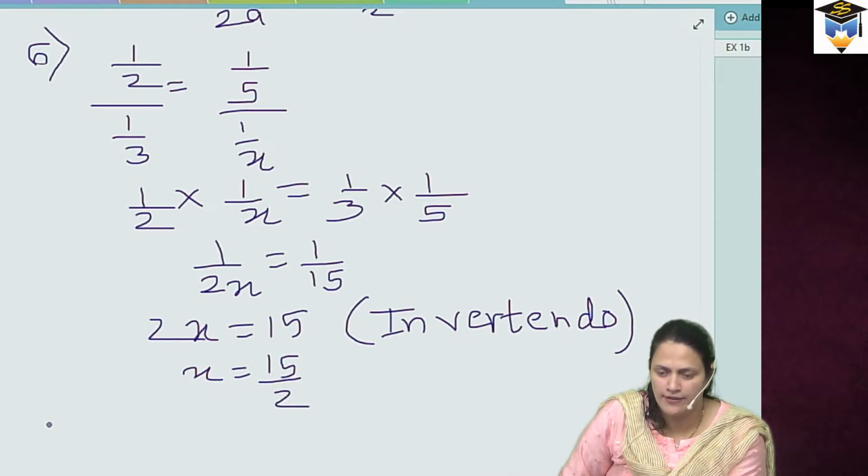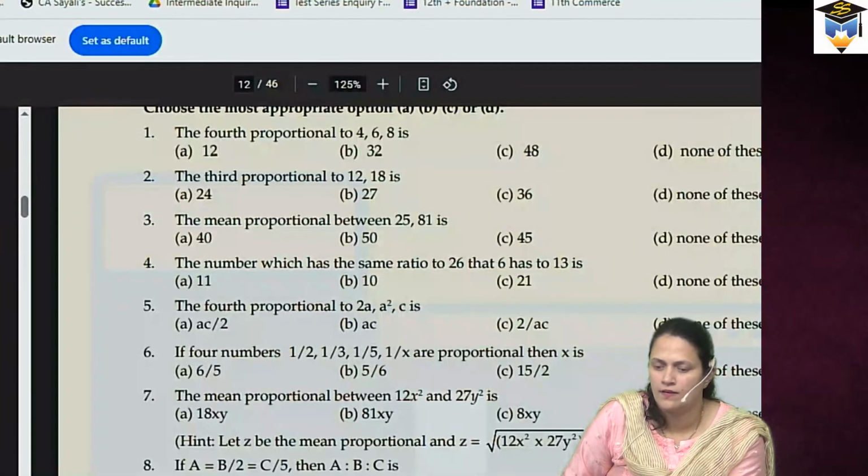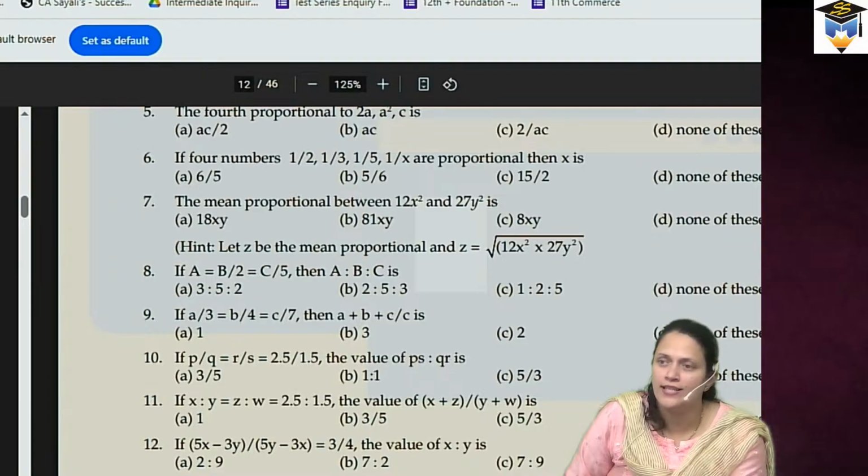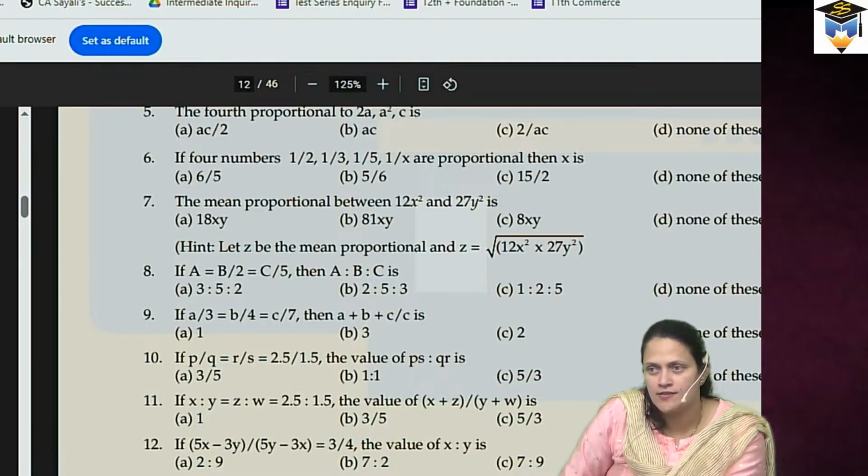Easy. Now the seventh one. The mean proportional between 12x square and 27y square is, and 27y square. Correct. So 12x square, x.